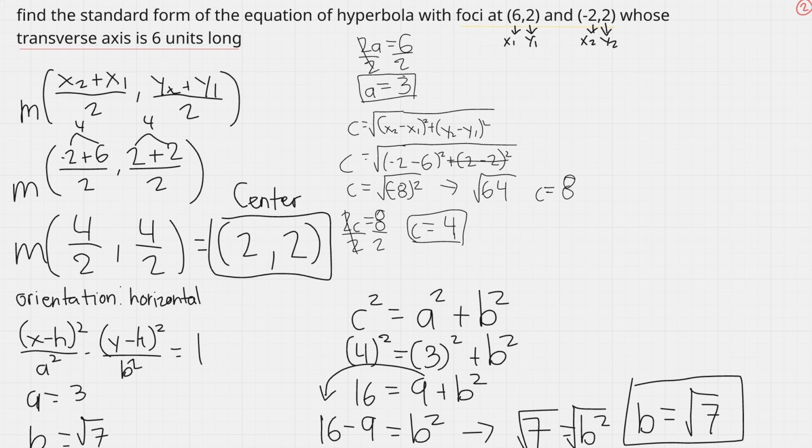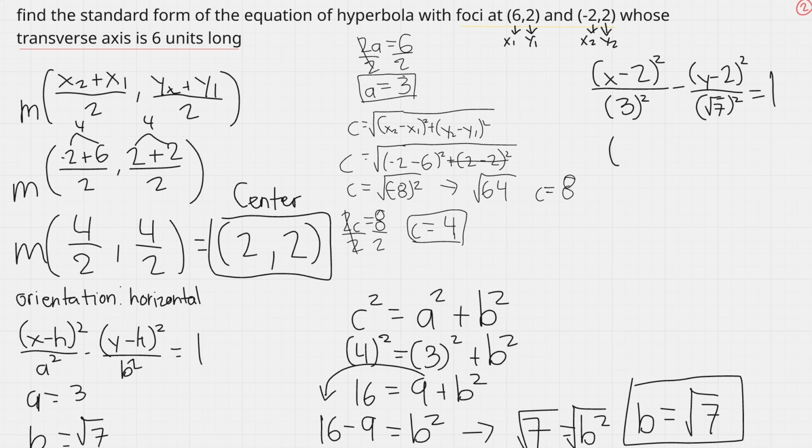Starting with our standard equation, (x minus our h, 2) squared over our a, that is 3, squared, minus (y minus our k, 2) squared over our b, that is the square root of 7, squared, equals 1.